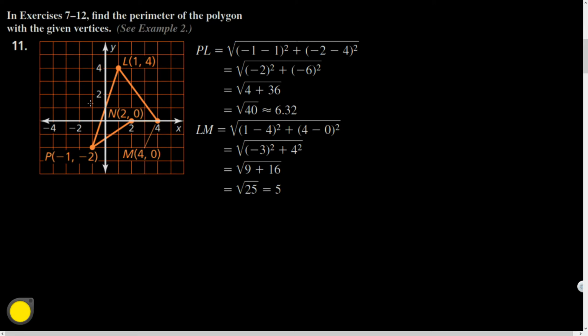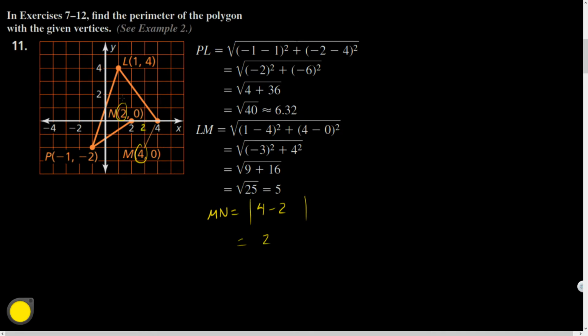But for horizontal ones, such as MN, you could either count those boxes, or use a one-dimensional distance formula, where you subtract and then take the absolute value of the difference between just the single coordinate that was different. So 4 minus 2, that's a distance of 2 there.